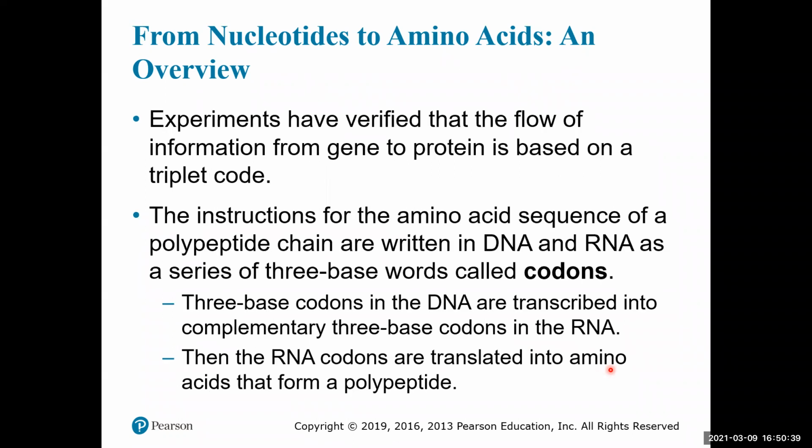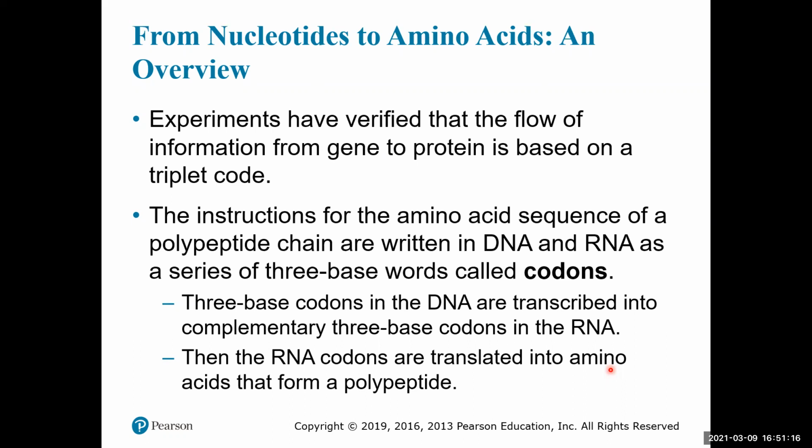Okay? So there have been several experiments that have verified this flow of information from gene to protein. And this flow of information is actually based on what we call a triplet code. And this triplet code is made up of individual codons. And the instructions for this specific amino acid sequence in a polypeptide chain is really driven by these triplets or these codons.